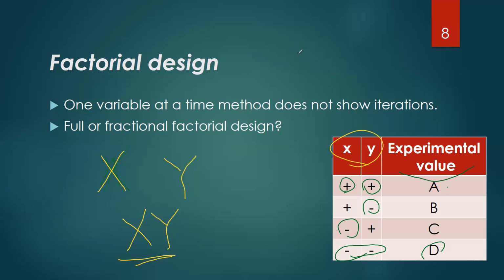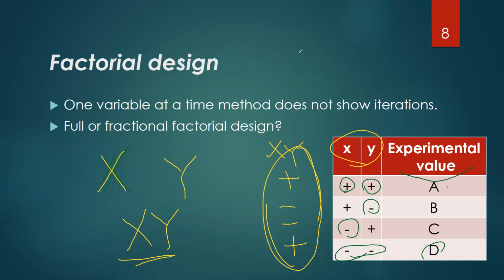The interaction is simply the dot product of X and Y: plus plus is plus, plus minus is minus, minus plus is minus, minus minus is plus. So you can also consider this combination for the interaction. In this case, you do a full factorial design, which means you consider all interactions between parameters as well, not one variable at a time.